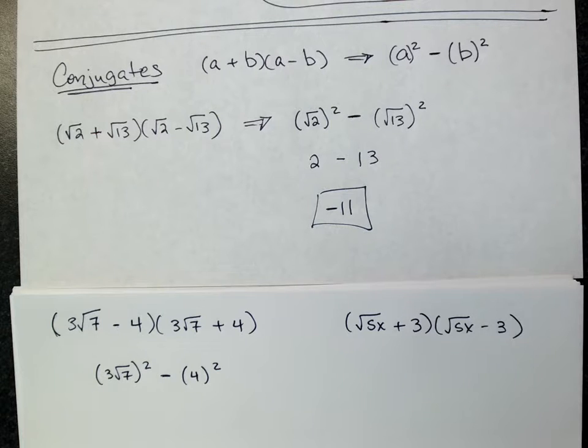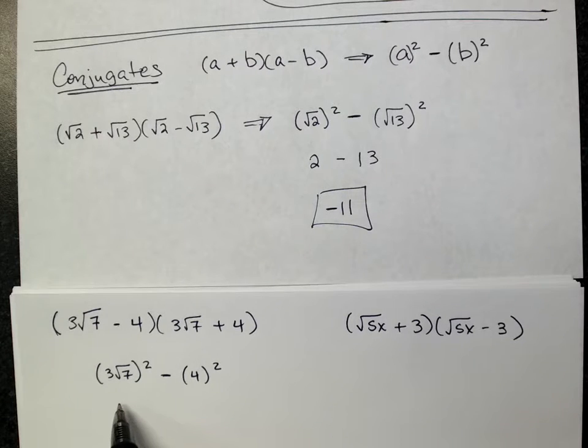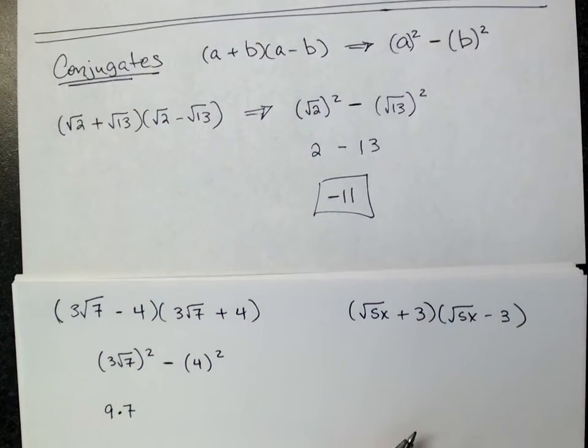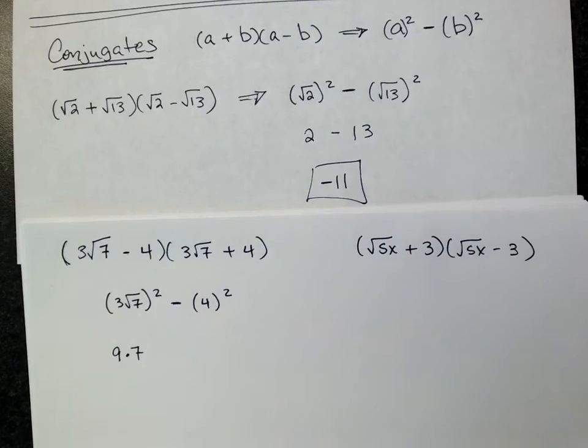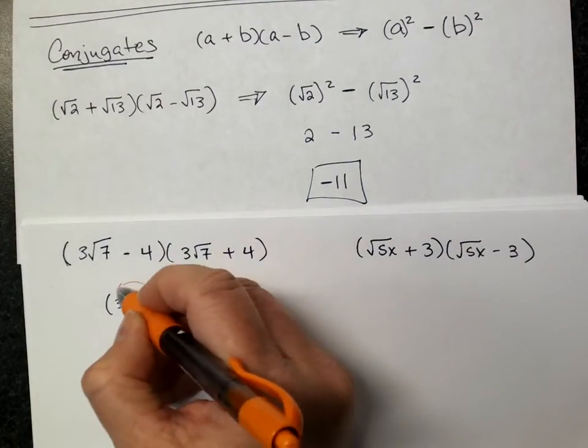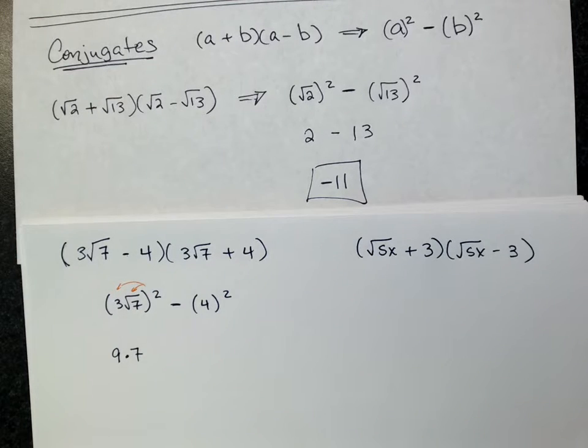Our first example had both things were radicals. This is one radical, one number. This one has a coefficient. This one has variable. But it all follows the same pattern. Parentheses matter. What's this new first term? 9. The 3 gets squared, and the square root of 7 gets squared. 3 squared is 9, square root of 7 squared is 7, minus 16.